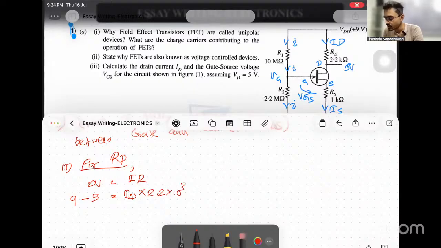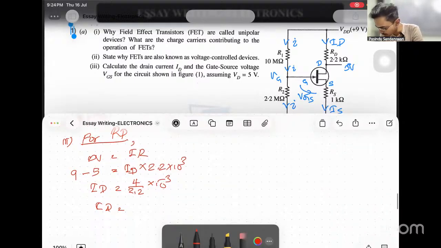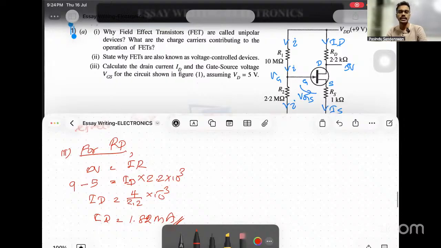ID equals 9 minus 5, which is 4, then 4 over 2.2 times 10 to the power minus 3. 4 over 2.2 is 1.82, so this is 1.82 milliamperes.